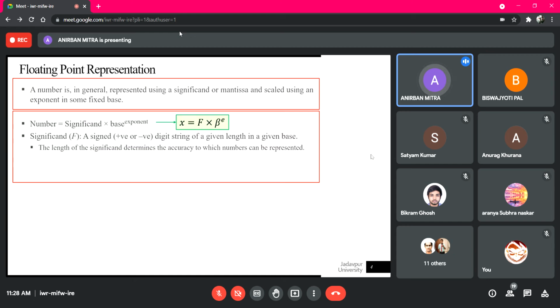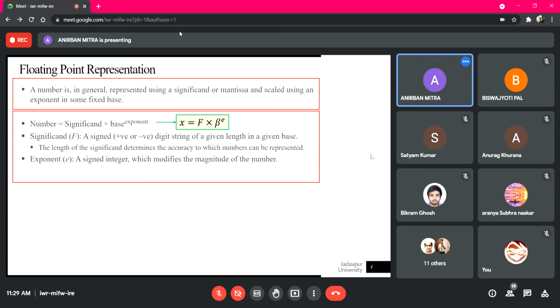It is also important to remember that this length of the significant or length of the mantissa is directly related to the accuracy of the number being represented. So you can see here that the length of the significant determines the accuracy to which numbers can be represented. So this length is very important.